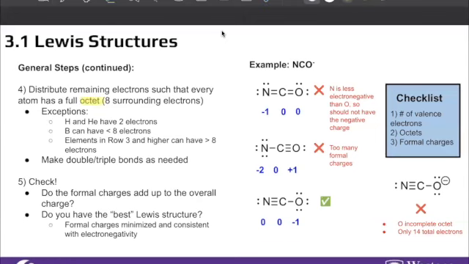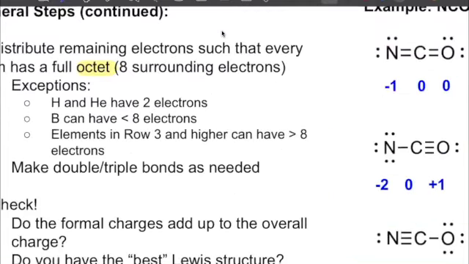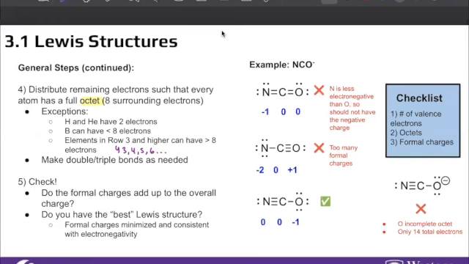So what this means is that it has 8 electrons surrounding it. Now there are some exceptions to this. So hydrogen and helium only need to have 2 electrons around them. Boron specifically can have less than 8 electrons. And then elements in row 3 and higher, so by that I mean row 3, 4, 5, 6, etc., can have more than 8 electrons around them.